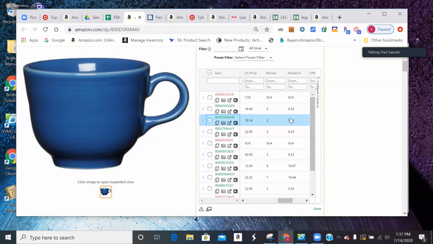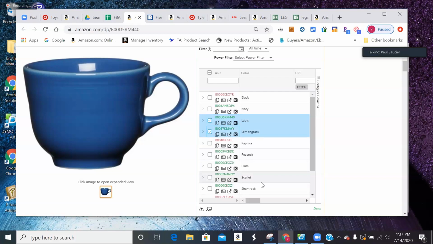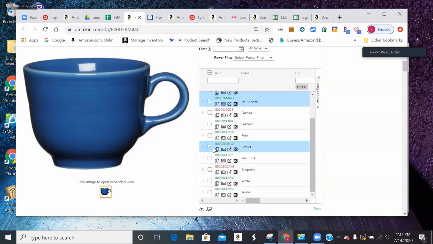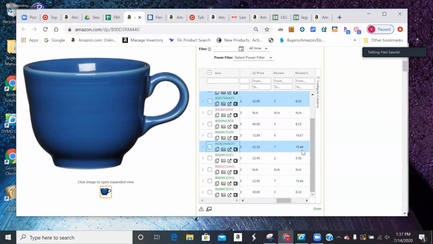Which one has the 19.44, the 16? The one that's priced at 22.32 has 7 reviews on it. Scarlet, yes, further down. Right there. That one is selling for $22. What's the cost on these? $7.99?